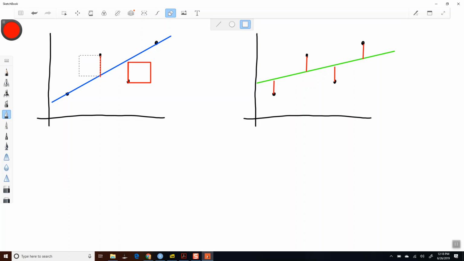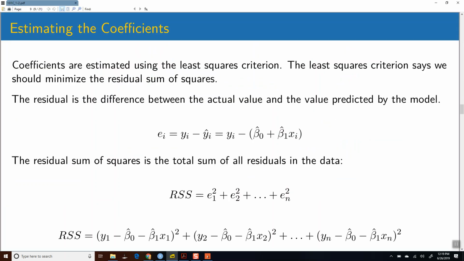So we take each residual and we square them, and then we just ask, what's the total area of these squared residuals? Something like that, okay? Probably the one on the left has smaller squared residuals or something, but whichever line has the smallest sum of squared residuals, that's going to be the best fitting line, right?